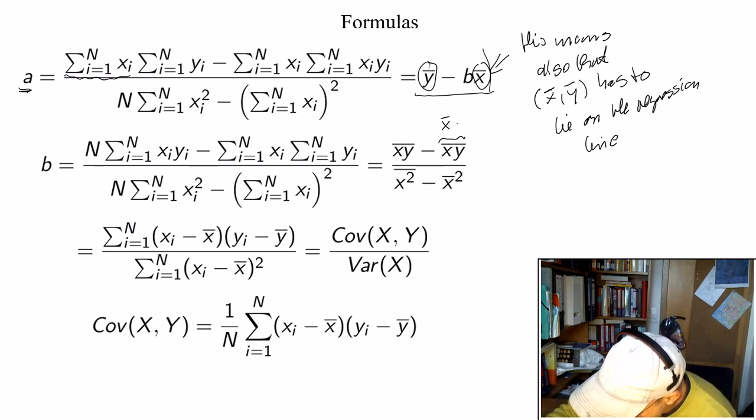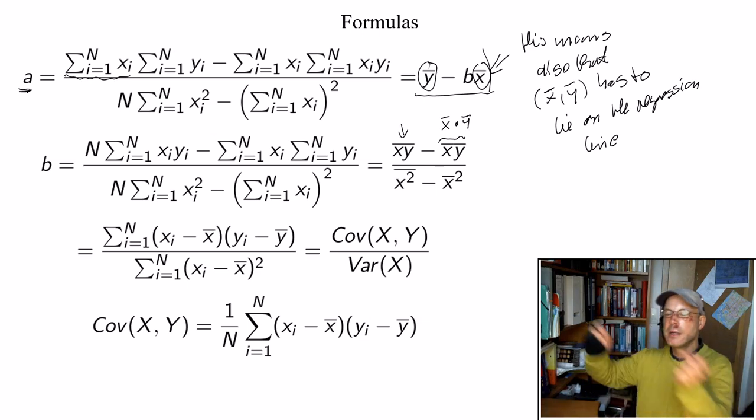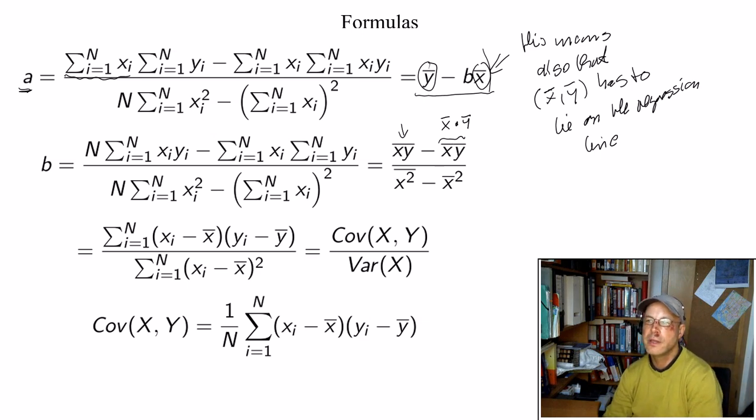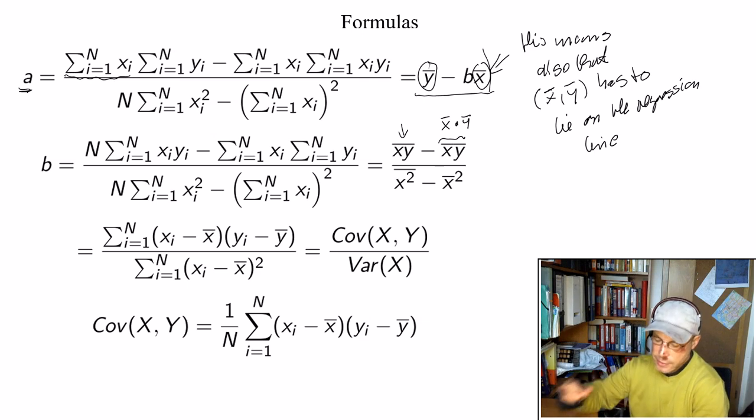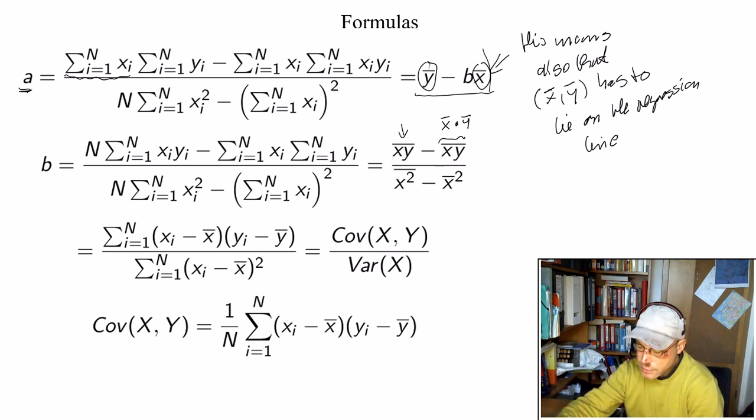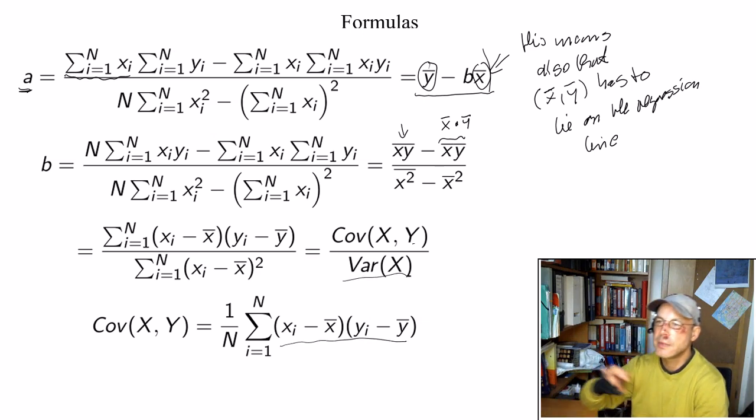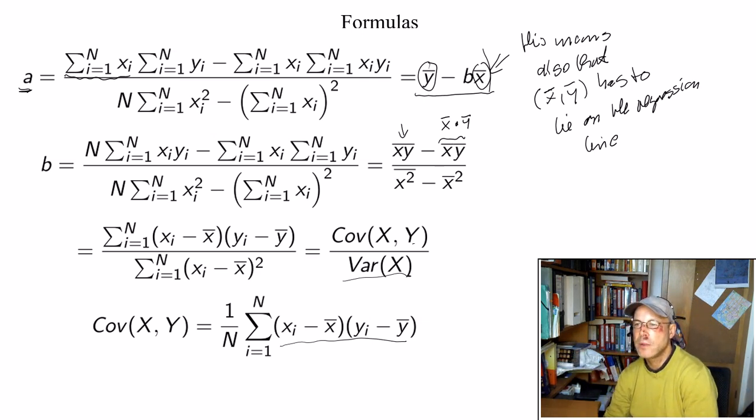So this is x bar times y bar, while you're taking here directly the mean of the multiplication of both variables. Well, what we also find is that b can be written as the covariance of x and y over the variance of x, while the covariance is just the multiplication of two deviations of x and y with respect to their means.